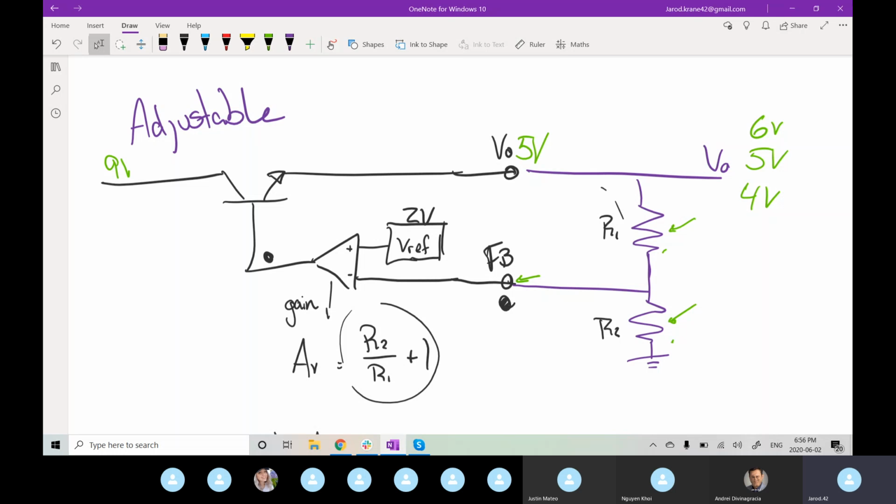Any questions on the adjustable? All make sense?